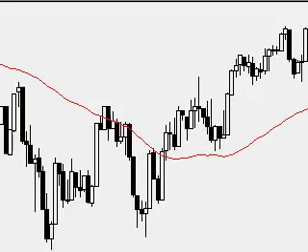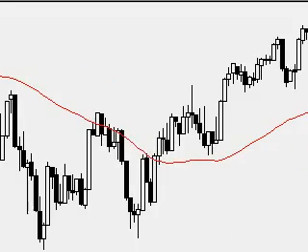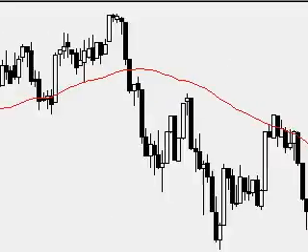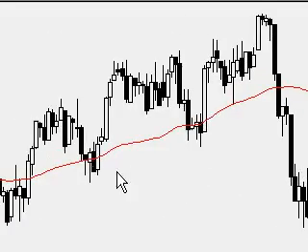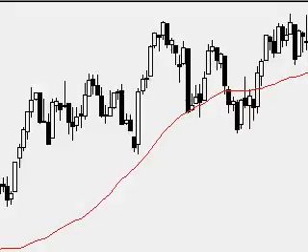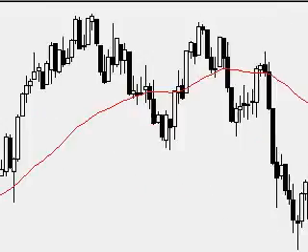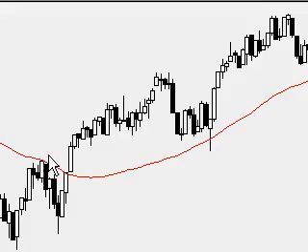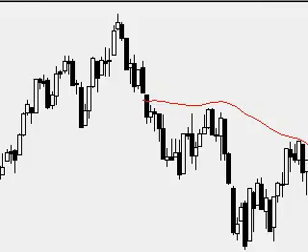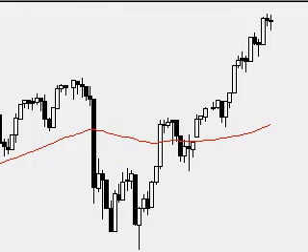Price is not going to come back to it as often just because it's a longer period, but again, it provides an intermediate term trend, and the market does indeed find support at this level quite often, as well as resistance right there. Okay, those are two very common moving averages.